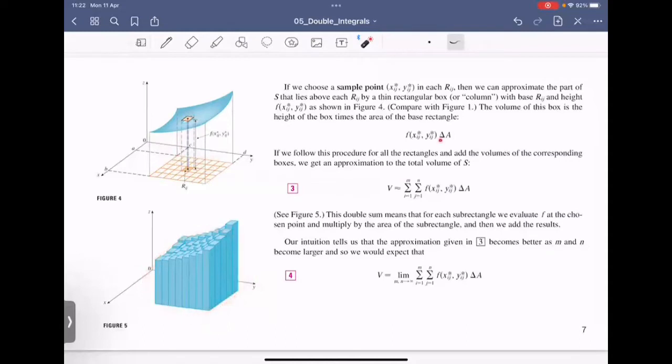Basically you are looking at delta A. Delta A is just the area for one grid here, just one grid. And then you multiply f(x*, y*). This is the height that you pick. Once you multiply this and delta A, you get the volume for just one stack. And then you sum it all because you want all the stacks together. Let's sum it all, and then you're going to get this.